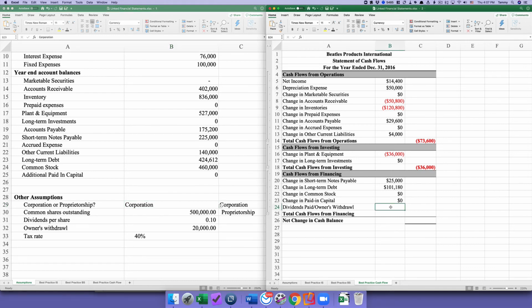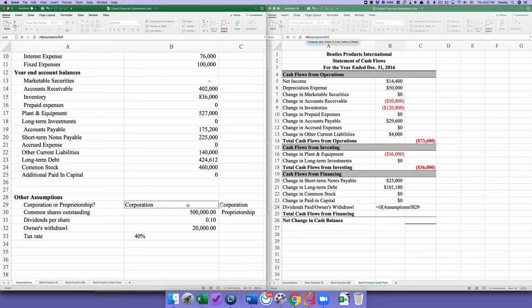So we want to say if this cell here says corporation, and remember, when we indicate a text string, we have to use the quotation marks. Right, so that's our logical test.